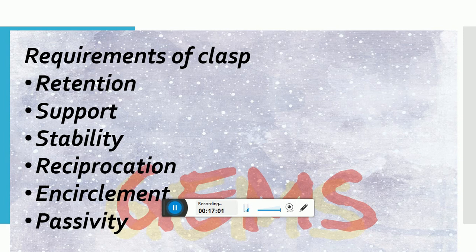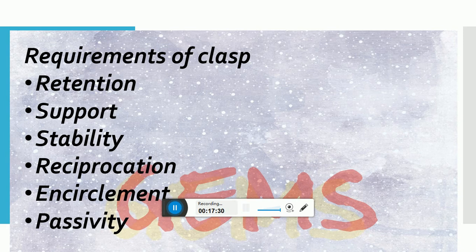For retention, support and stability, they have given the definition n number of times and asked what it is. So for reciprocation also, learn that it is the quality of the clasp assembly that counteracts lateral displacement. Lateral displacement is the keyword there. And for encirclement, learn that it is the characteristic of the clasp assembly that prevents movement of the abutment away from the associated clasp assembly.